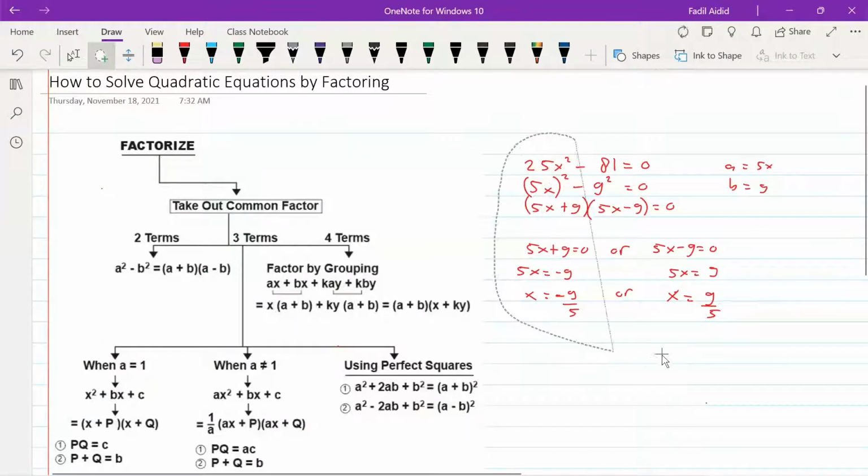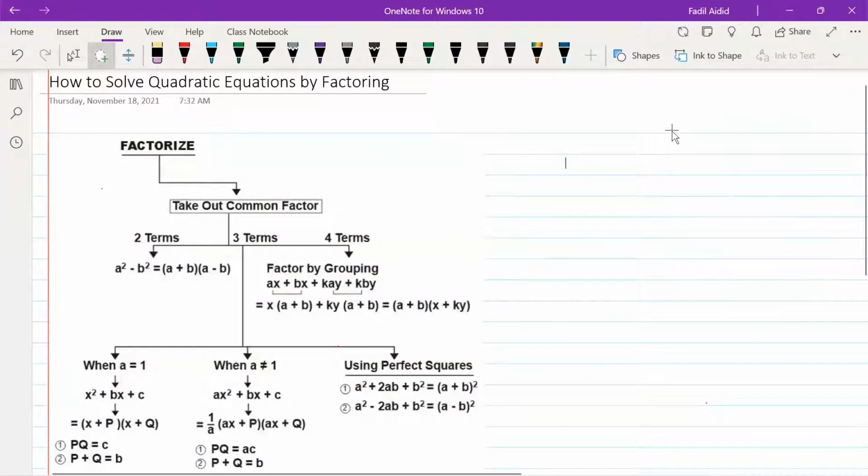Sometimes you can directly apply this formula, but you need to take out the common factor first before you use the difference of squares formula. For example, let's say 8x squared minus 18 equals 0. Now 8 and 18 are not perfect squares, so you cannot convert into a squared and b squared first.